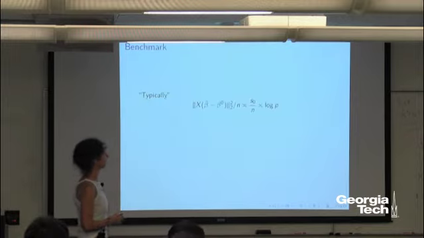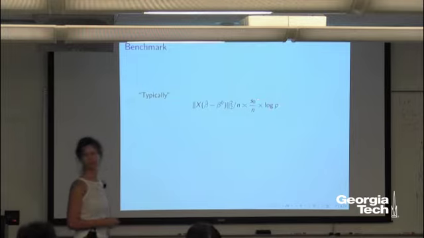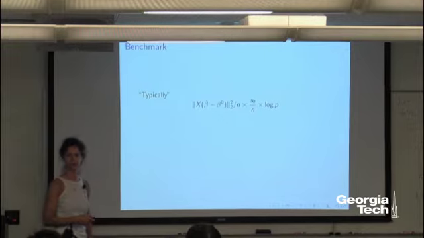Like I said on Friday, if you look at the prediction error, that's this. Typically, it behaves like the number of active parameters divided by the number of observations, times a price to pay for not knowing the active set.